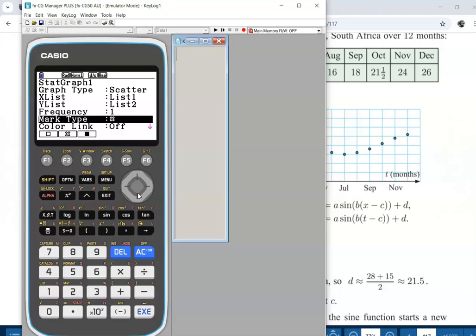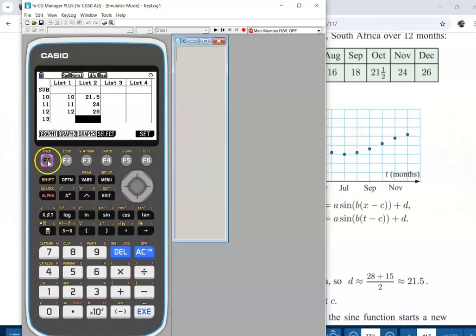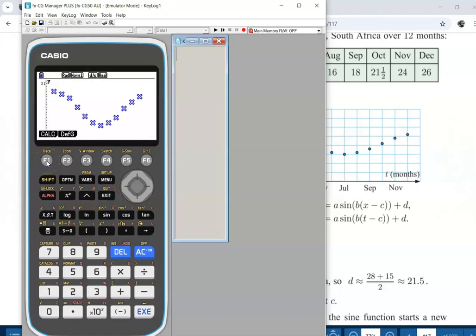It doesn't make a difference. I got my graph rainbow. That's very nice. You can change the graph color, have a look. Anyway, so we exit that and we now press graph 1 and we get our little graph there. And you go, yeah, great, good stuff.